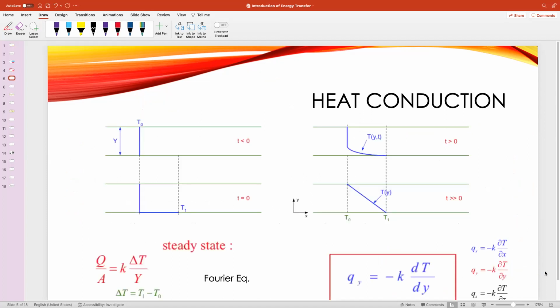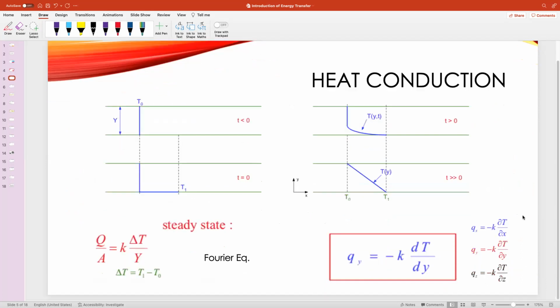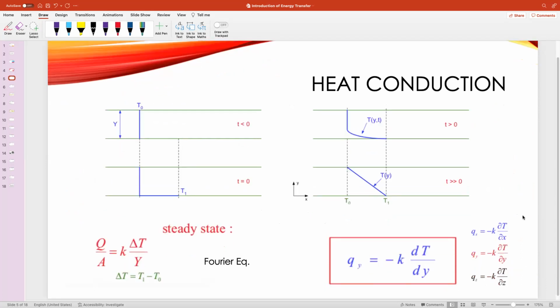All right. Here Pak Anggit has also explained heat conduction, similar to Newton's law of viscosity, so I'm going to skip it.